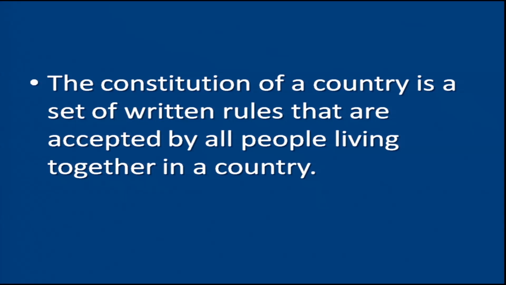The constitution of a country is a set of written rules that are accepted by all people living together in a country. Whatever rules and regulations are incorporated in a constitution are to be abided by and accepted by all the people living together.